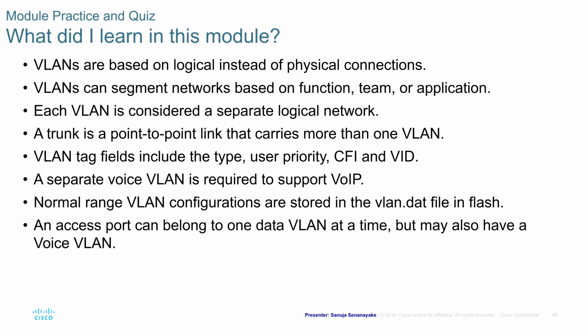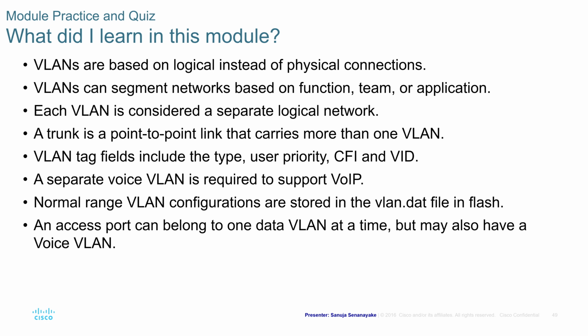VLAN tag fields include the type, user priority, CFI, and VID. A separate voice VLAN is required to support VoIP or Voice over Internet Protocol. Again, I'm going to do a completely separate lecture series on VoIP. So we didn't go into depth on how important VLANs are for VoIP in this course, but you should know that VLANs are a key feature in a properly operational VoIP system.